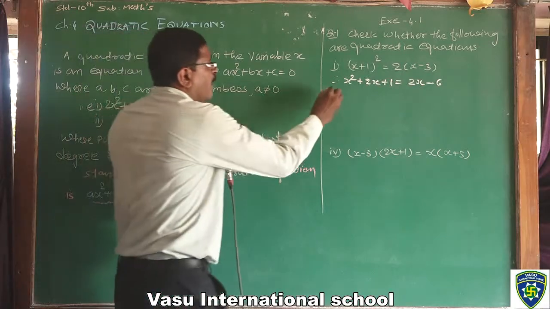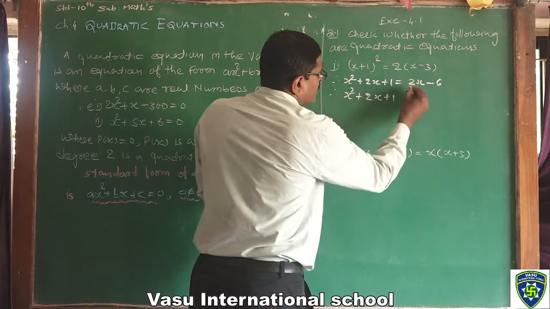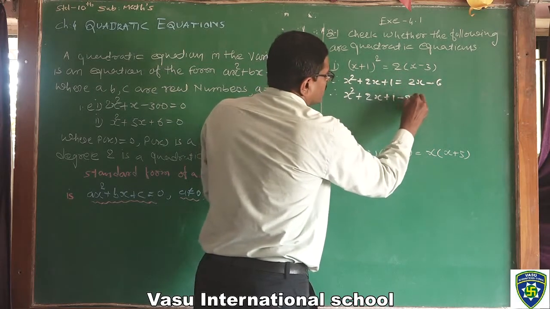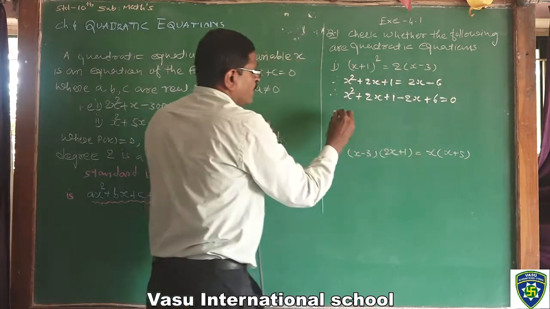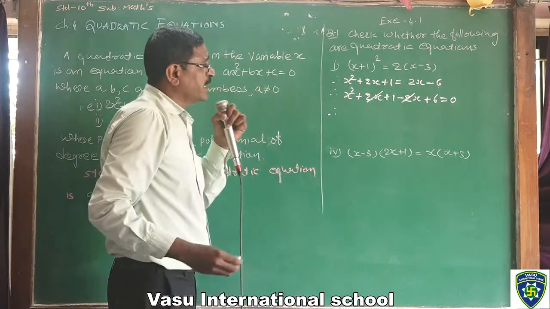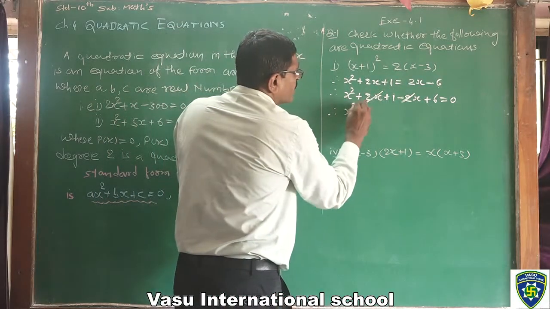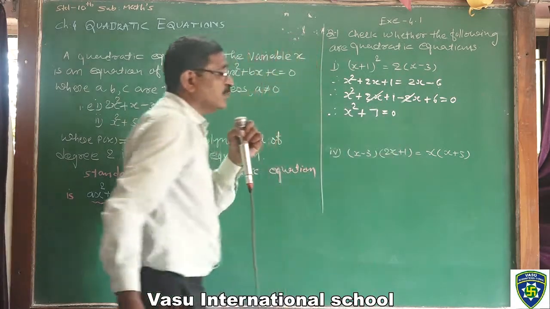Now, x square plus 2x plus 1 minus 2x plus 6 is equal to 0. Now, plus 2x minus 2x cancel. That's why x square plus 6 plus 1, 7 is equal to 0.